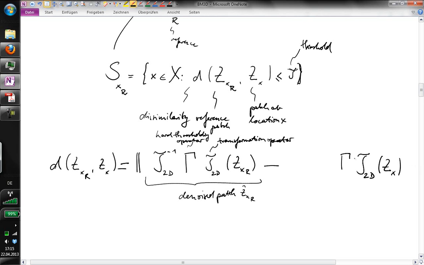Then the result is submitted to this hard thresholding operator, and then comes the inverse transform. And then I'm taking the squared L2 norm of this. So in other words, this is the squared Euclidean distance between the denoised patches.